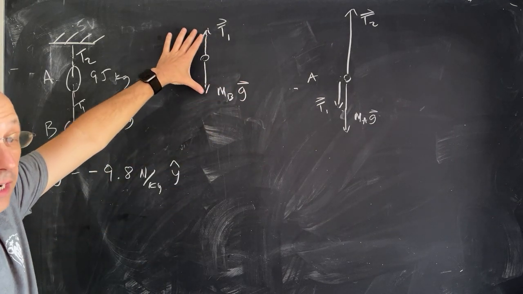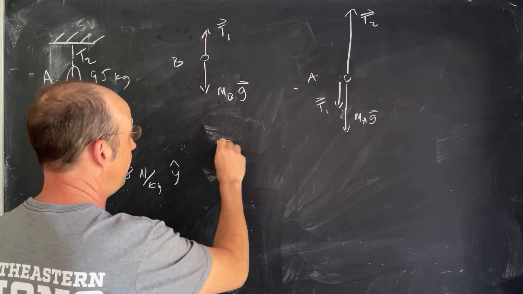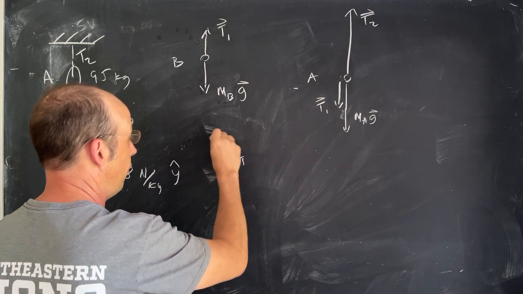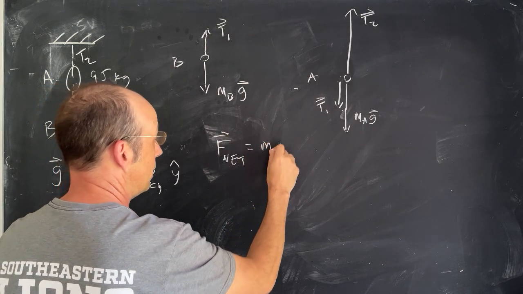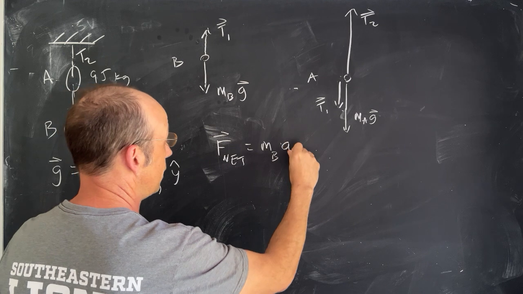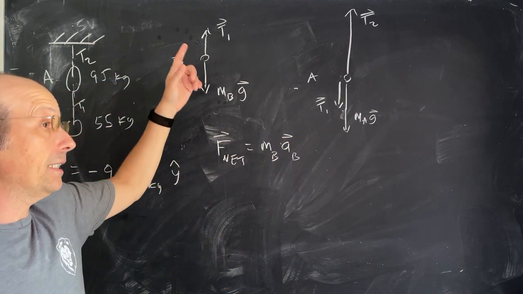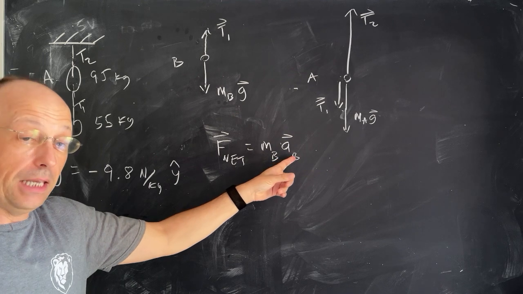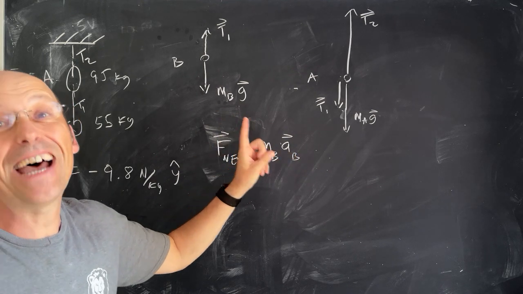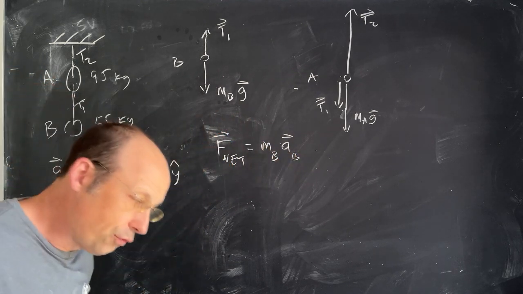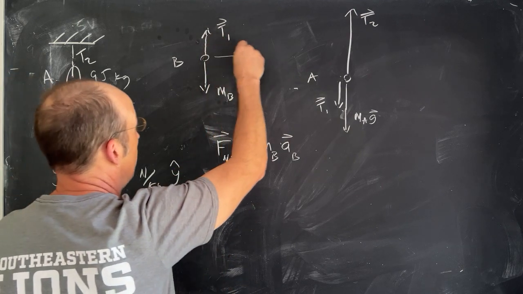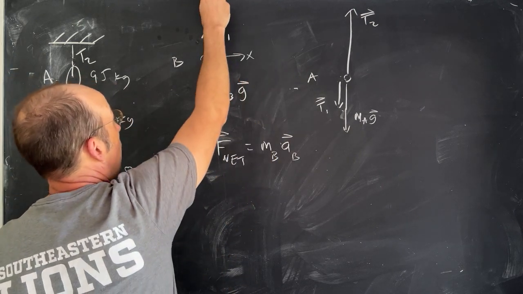So let's take this right here, and I can say F net vector equals mass B times acceleration of B. That's Newton's second law. And since they're at rest, a_B is equal to 0, the 0 vector. It's useful to go ahead and pick my X and my Y axes.